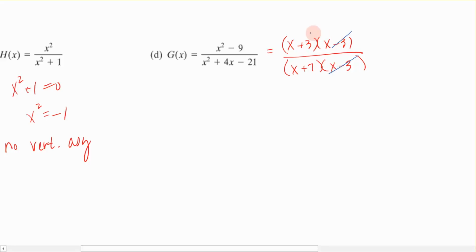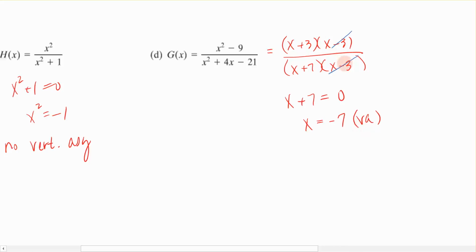Now that I have x plus 3 over x plus 7, it's this factor that is left in the denominator that I'm going to set equal to 0 and solve. So I find out that there is a vertical asymptote when x is equal to -7. This is the vertical asymptote.